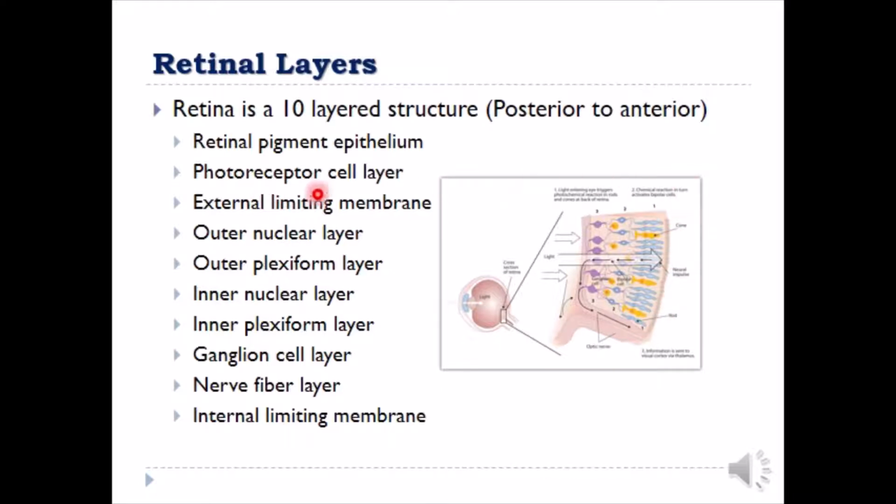The second layer is the photoreceptor cells. I just discussed this in the previous slide. Photoreceptors receive the light, and these cells have different parts, which we'll be discussing in the subsequent slides. This external limiting membrane is also a part of the photoreceptor layer. Outer nuclear layer means this layer has nuclei.